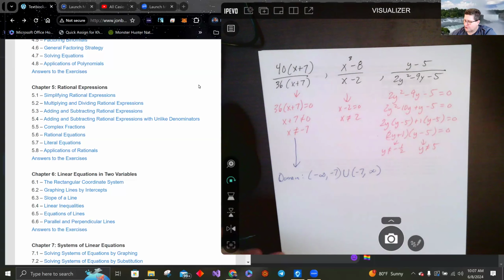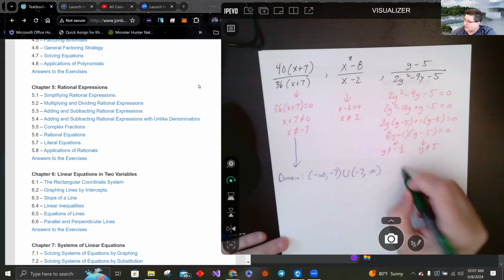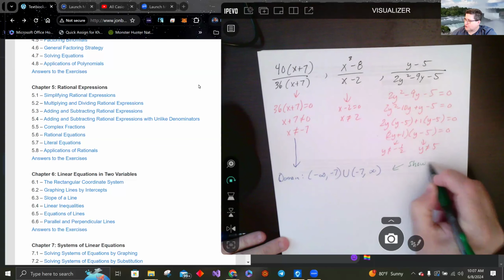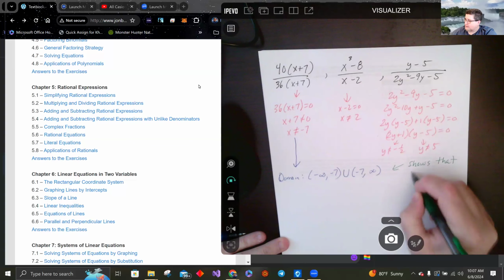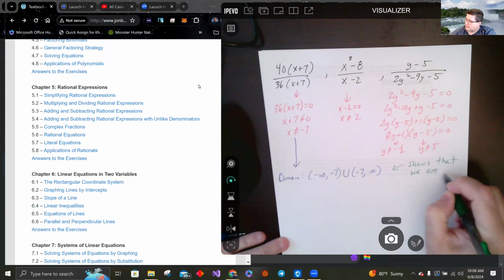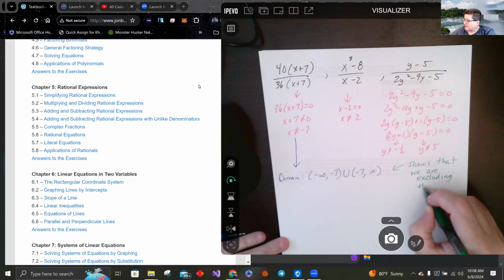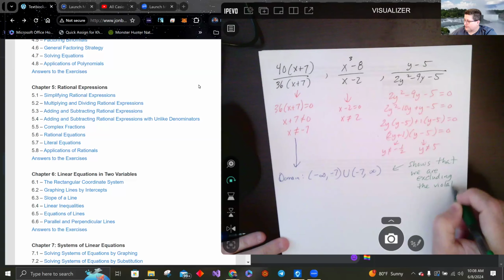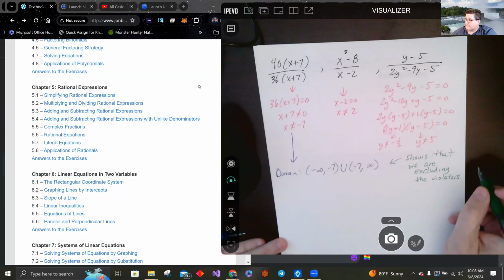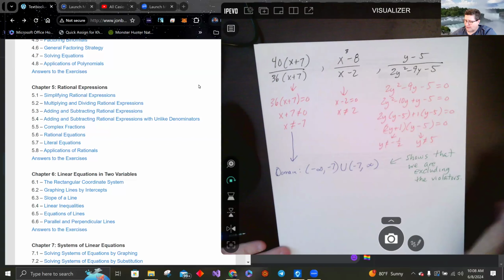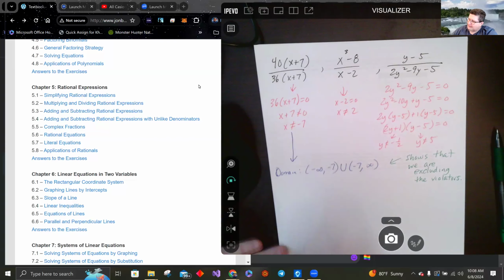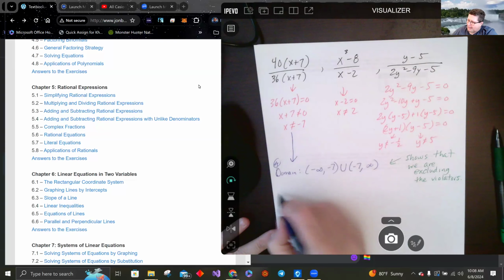This is how we show that we are excluding the violations or the violators. That's A.